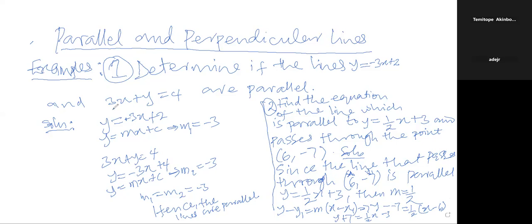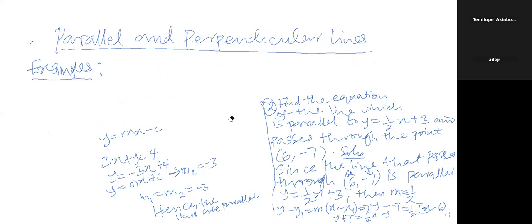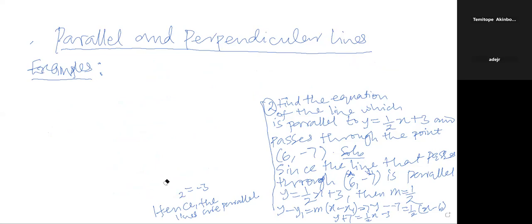which you can rearrange. So you have y equals 1 over 2x minus 10, if you so desire it that way.